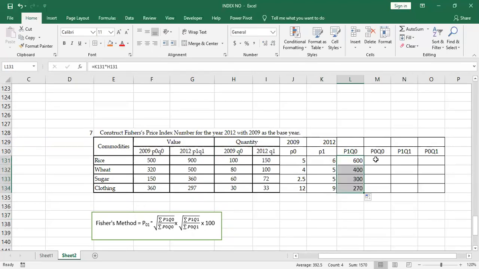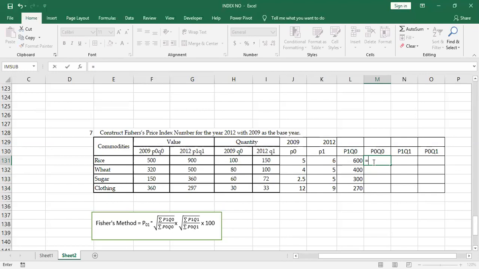Next P0 Q0. P0 is here, Q0 is here, so it is P0 into Q0. As you can see, the 2009 P0 Q0 and this P0 Q0 are the same, because the value itself is P0 Q0. Next P1 Q1. P1 is 6 and Q1 is 150, so 6 into 150.